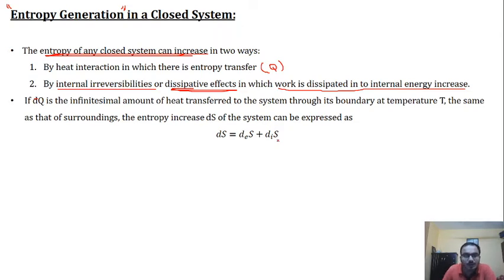Here if you see, first is, let me write down the nomenclature here. des is equal to entropy increase due to external heat interaction.